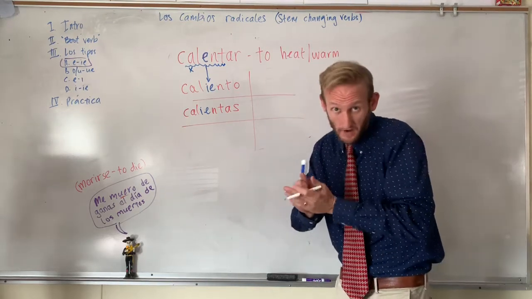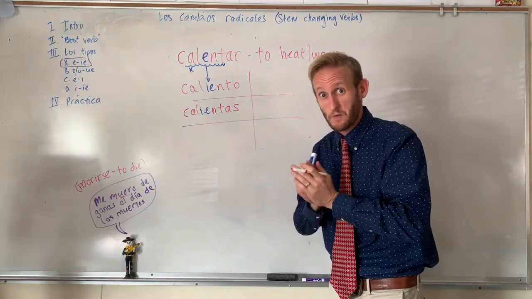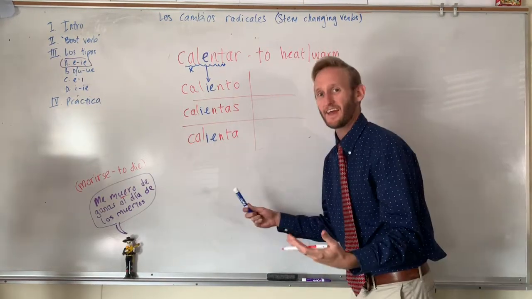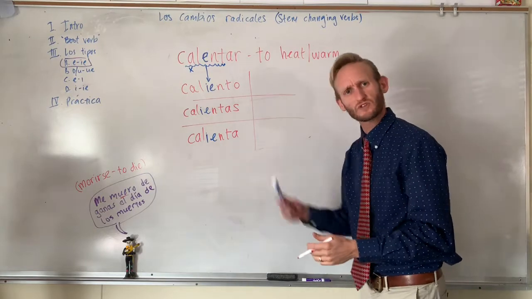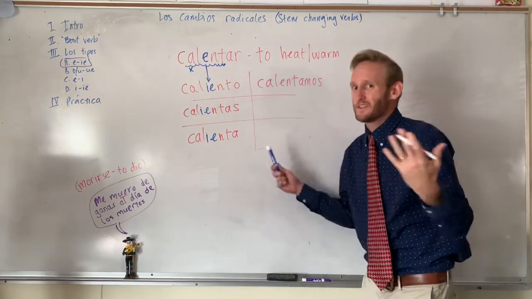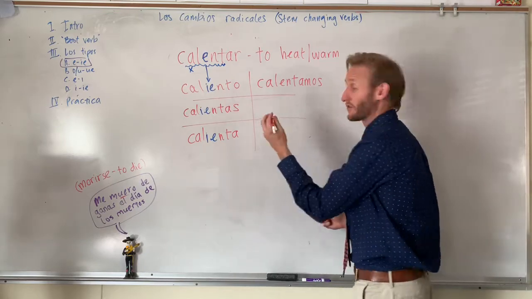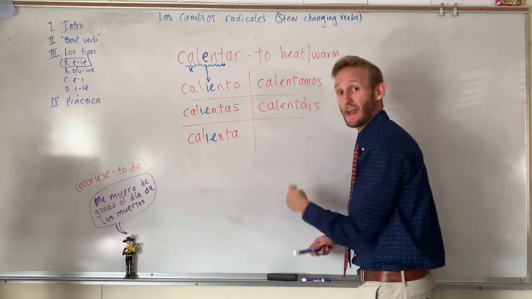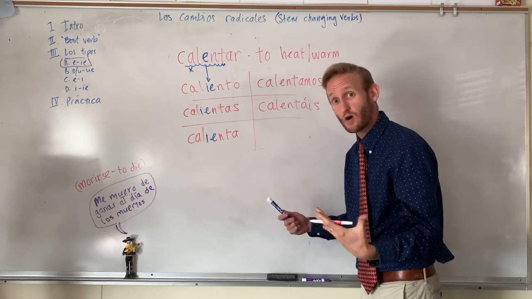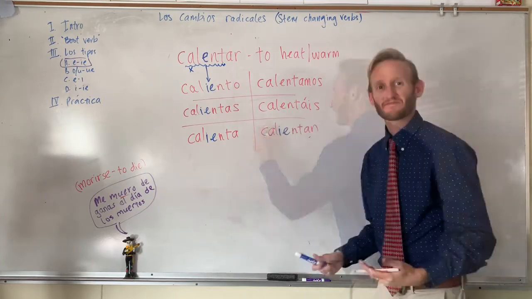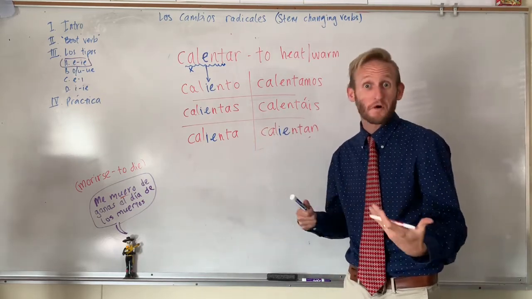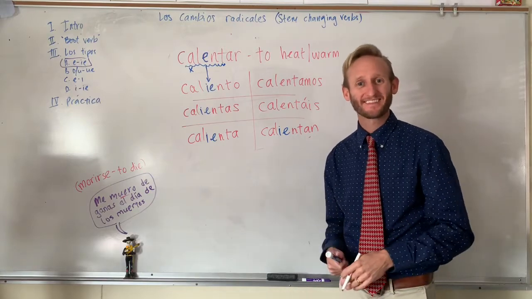Or usted, would be like you, sir or madam, warms. Calienta. What about nosotros? This is the nosotros form, without the stem change. Calentamos. Vosotros, calentáis. And they warm up, or you all, ustedes, warm. Ustedes, ellos o ellas, calientan.